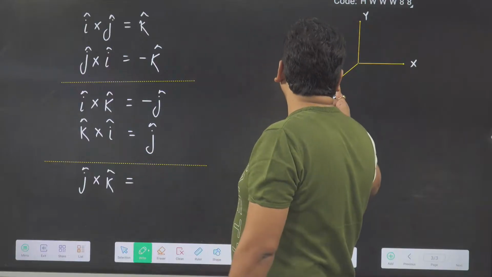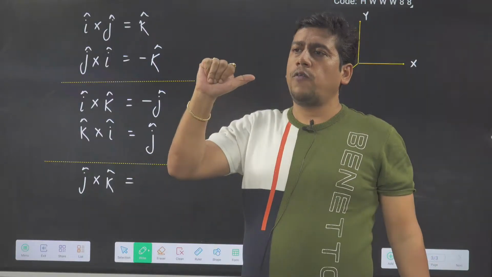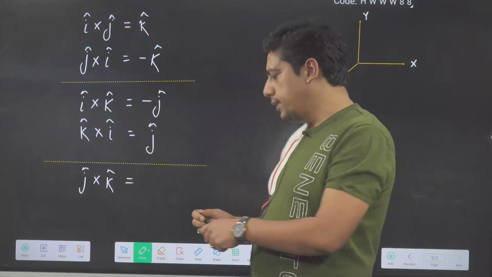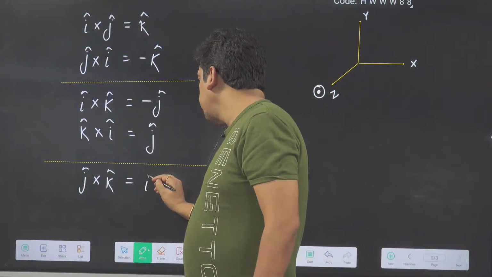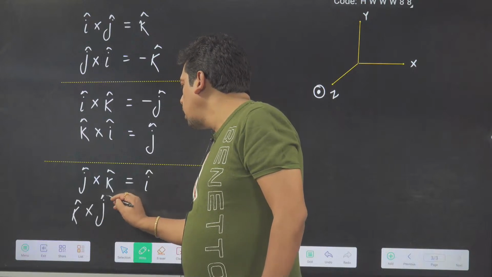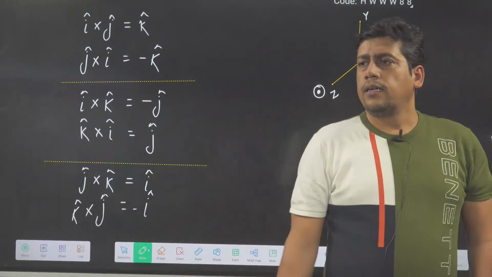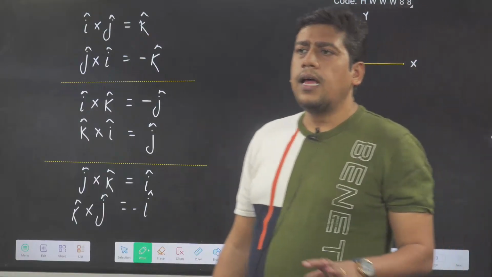K should be out, so arm up, but the palm should be out. If you curl it, it will be right side. Right side means I cap. So what will be K cross J? Minus I cap. Okay? So these six and three.